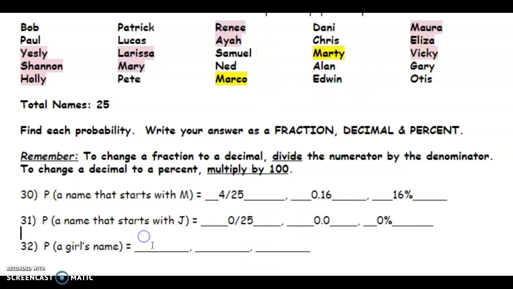So about 9 of these names out of 25 are girls. 9 divided by 25 gives me 0.36. And as a percent, that is 36%.